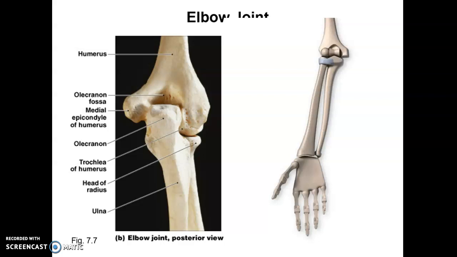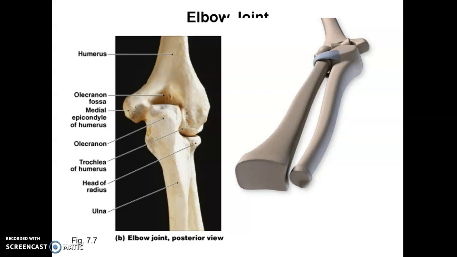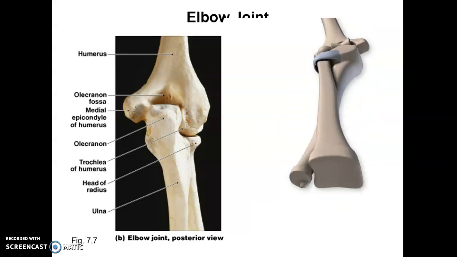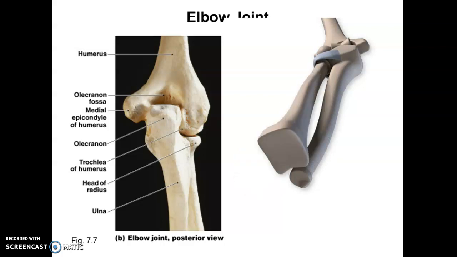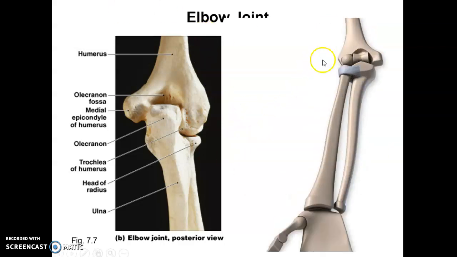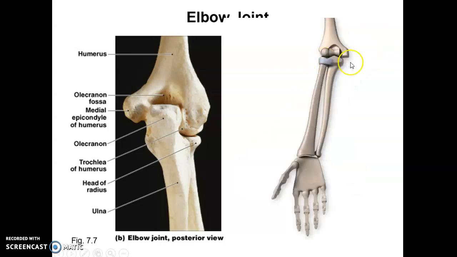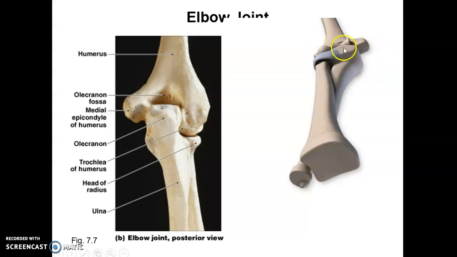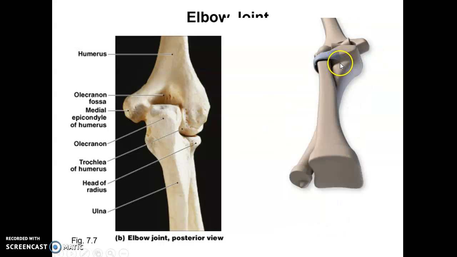If you have your hand straight out, palm up, which is this figure at the beginning, the radius is parallel to the ulna. But if you flip your hand over, holding your elbow stationary, so that your palm is facing downward, that action occurs because the radius rotates over the ulna, because this is a pivot joint between the radius and the ulna. However, the radius and ulna together form a hinge joint at the elbow. So it's a nice, neat, complicated joint, the elbow joint.